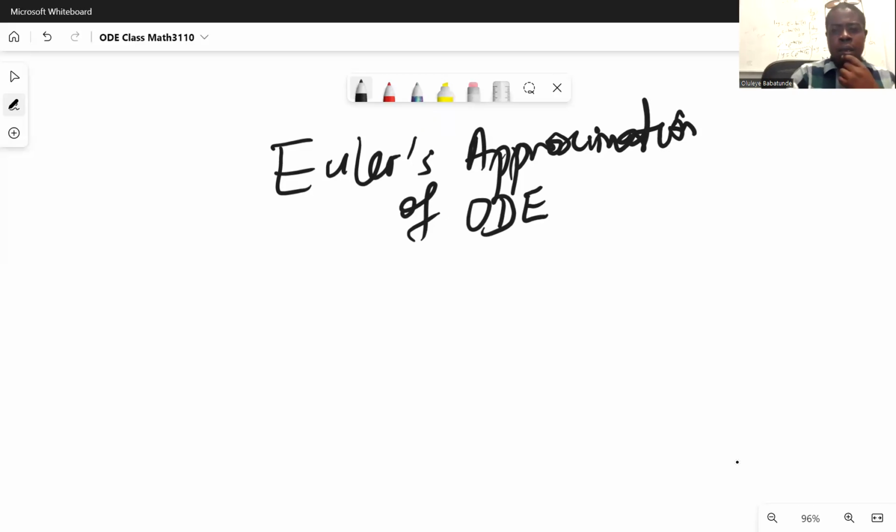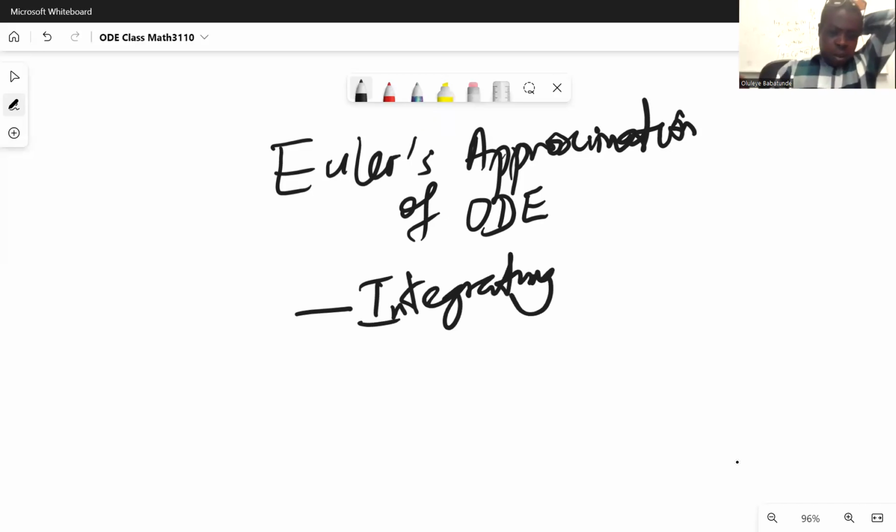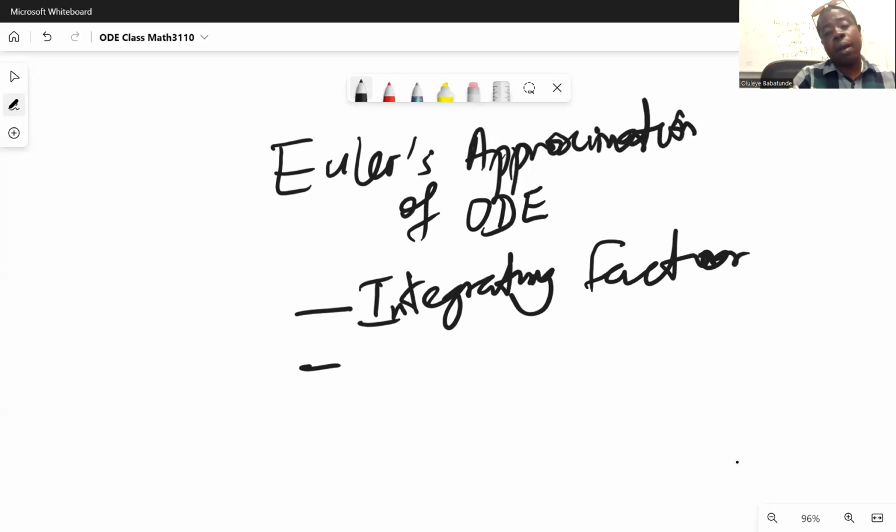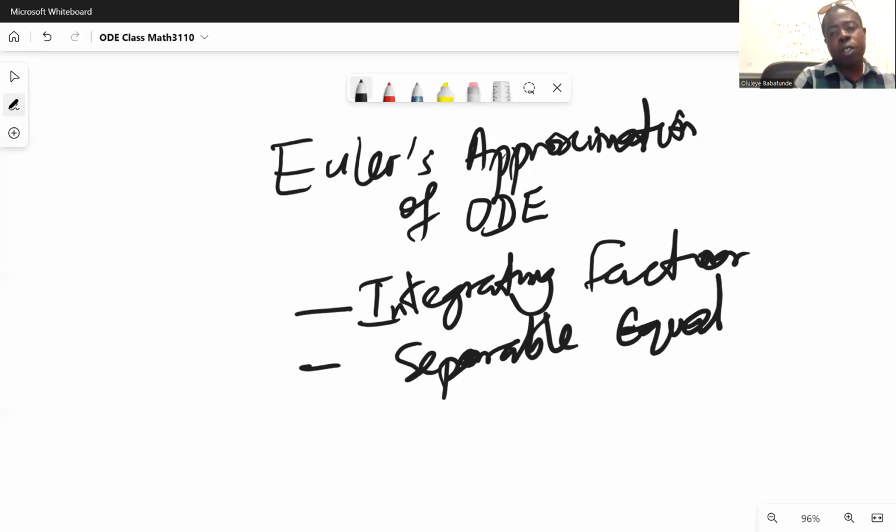Now, we've seen that you can solve some first order linear ODE by the integrating factor method. And if it is not linear, or even if it is linear, you can still use separable equations.